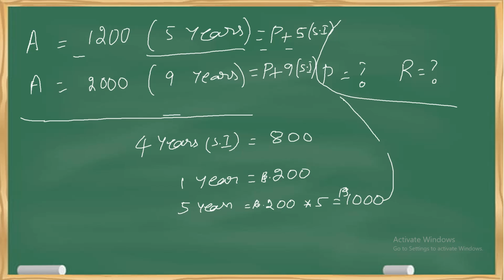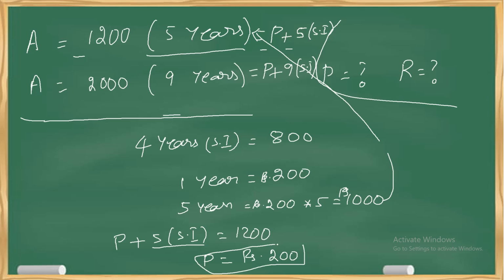Now substitute the same thing here. Then principal amount plus 5 years simple interest is equal to 1200, where 5 years simple interest will be 1000 rupees. So the principal amount will become 200 rupees.